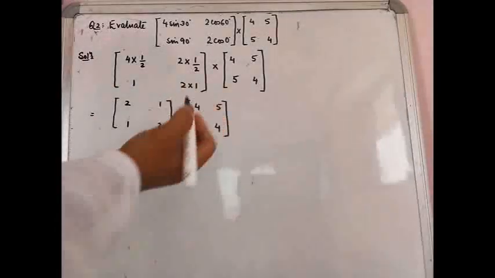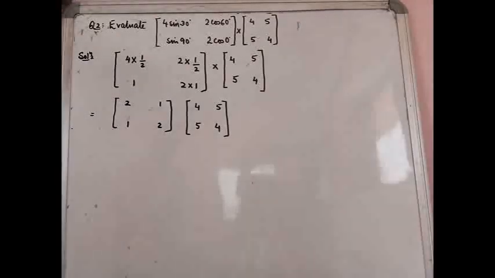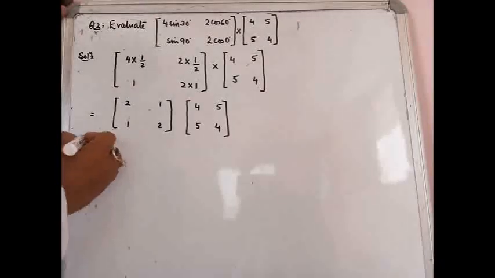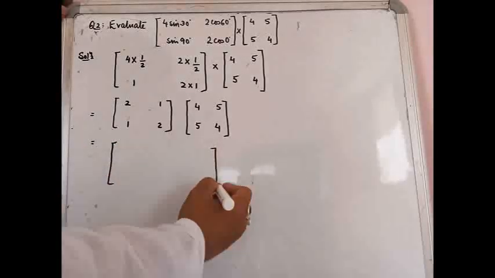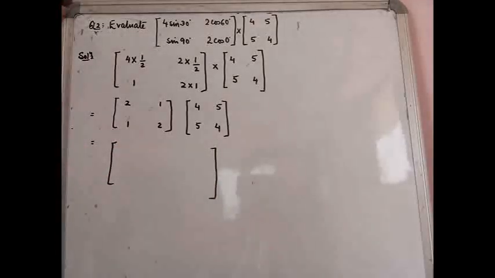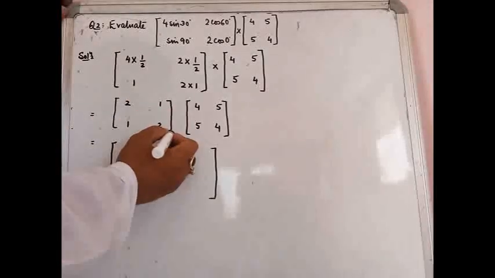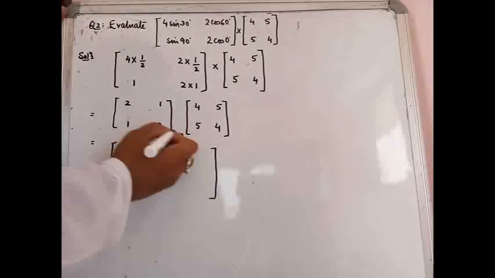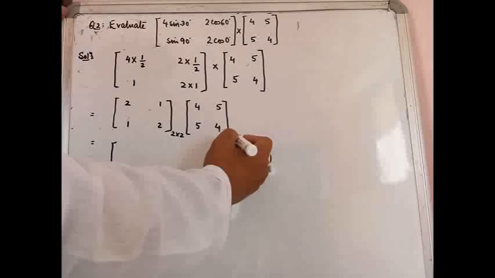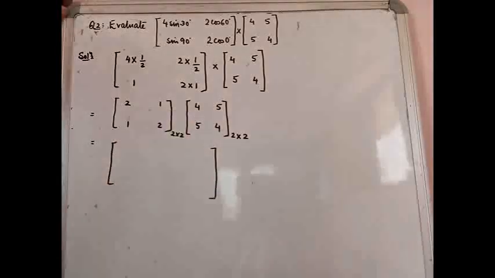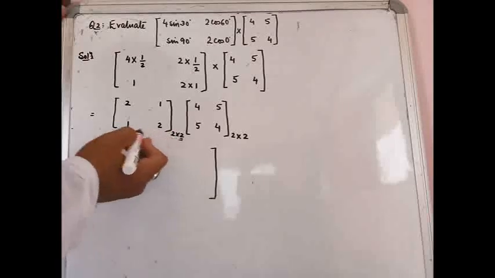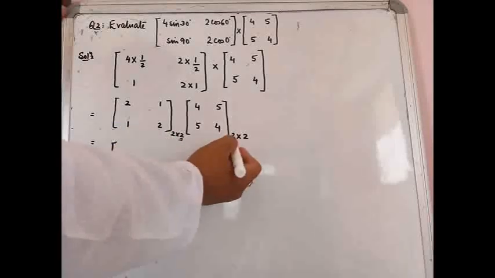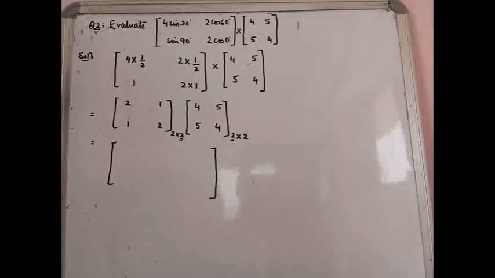Now the next thing that obviously remains for us to see is how the multiplication will proceed. So is this multiplication possible? Did you check? The first matrix has an order 2 by 2. The second matrix also has an order 2 by 2, 2 rows and 2 columns. The check would be that the number of columns of the first matrix and the number of rows of the second matrix should match.